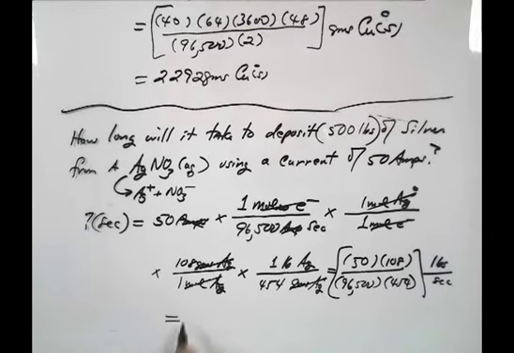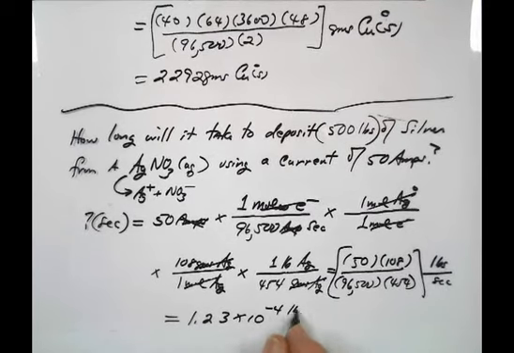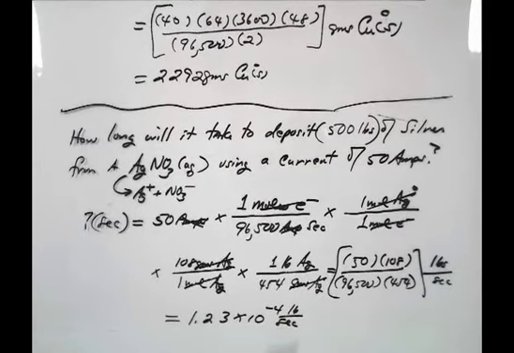Which gives me, let's get that one worked out. 50 times 108 divided by 96,500 equals, divided by 454 equals, okay, so I'm going to put that in exponential. So that gives me 1.23 times 10 to the minus 4 pound per second.